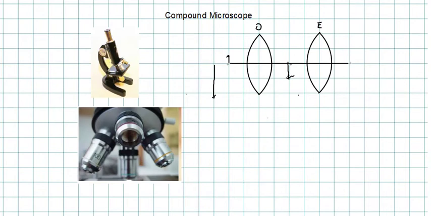I hope you remember the near point. Near point is when the image is formed at 25 centimeters from the eye, or the least distance of distinct vision. When the final image is formed at infinity, we call it the far point adjustment. So, now we will learn these two magnifications of the microscope.